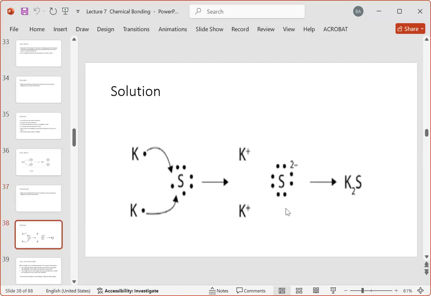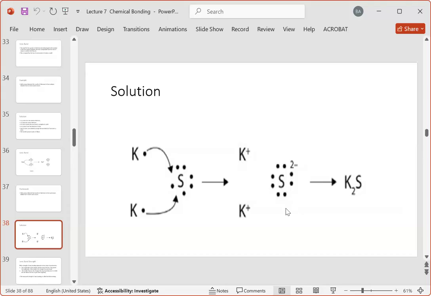Much the same way, potassium has one valence electron, and sulfur has six. So two potassium atoms each give one electron to the sulfur.